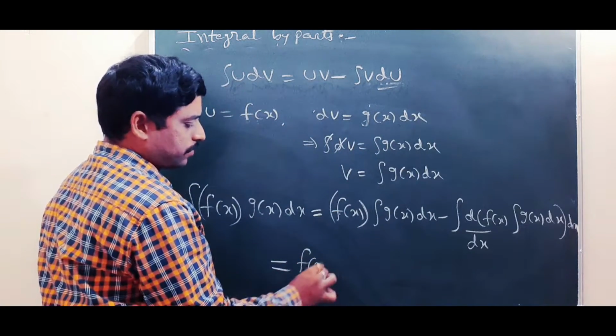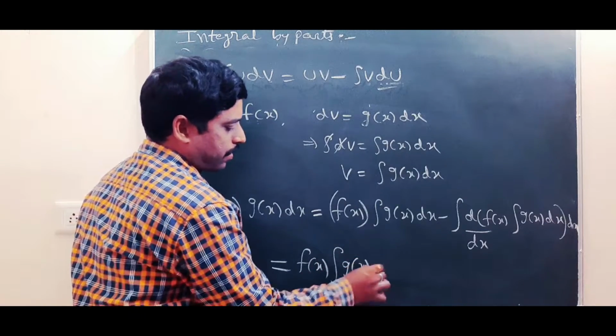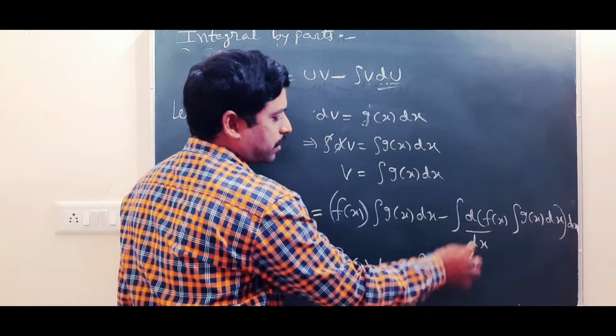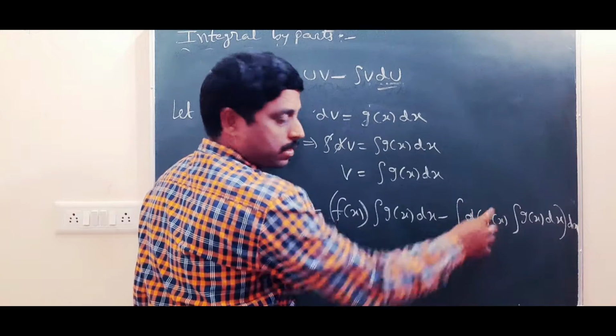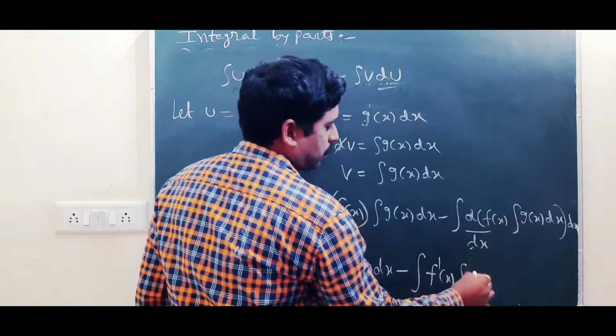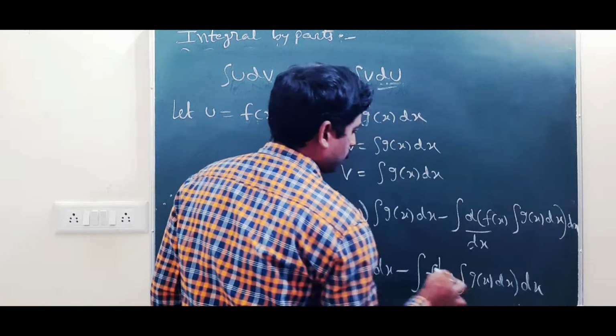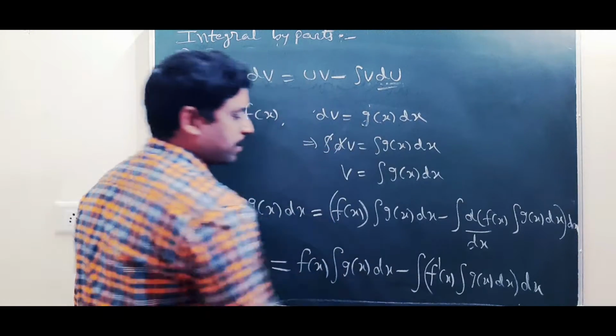f of x into the integral of the second function, minus the differentiation of the first function, which is nothing but f dash x, into integral g of x dx, whole integrated with respect to x. So this is the integration by parts formula.